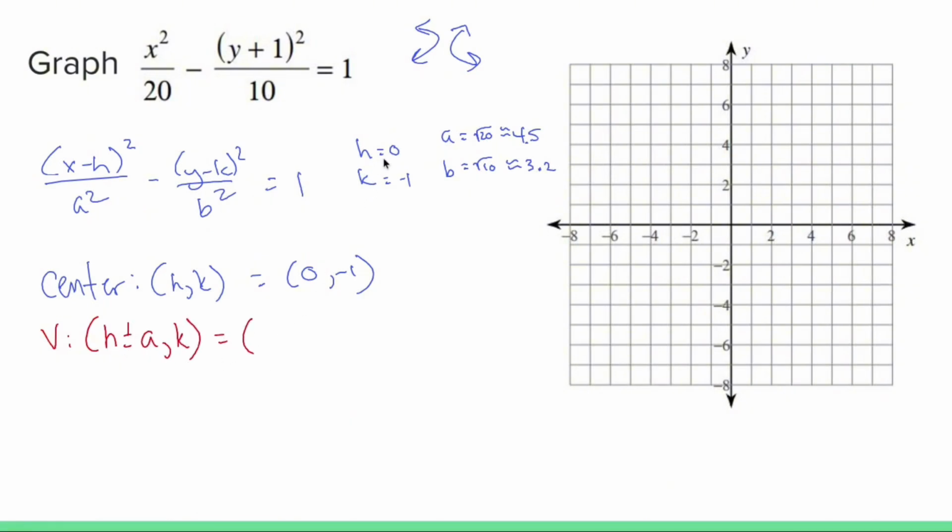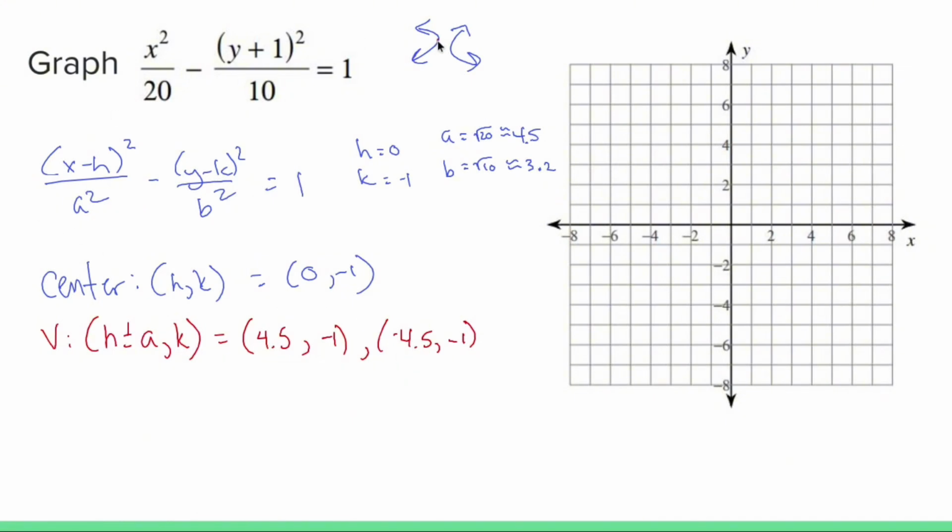So in this case, we have 0 plus or minus 4.5, and then k is negative 1, and then 0 minus 4.5, so I'll just write out negative 4.5, negative 1. Okay, those are our vertices.